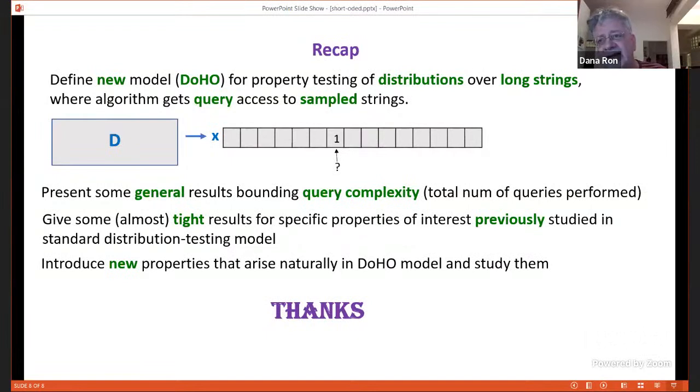People have studied, for example, edit distance in the standard model. You can also compose the Earth mover distance with the edit distance in this model, and there would be a different model. But I think that really you don't want to measure it just by the total variation distance, because this will force you to read the entire sample.